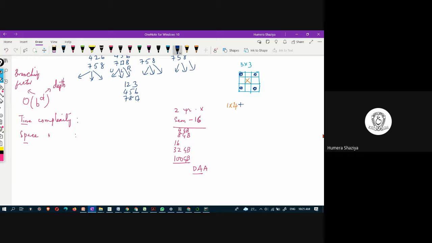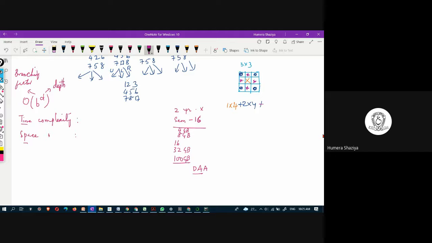So it is plus 2 into 4. And next, if the empty tile is at these places marked with a star, it would be plus.